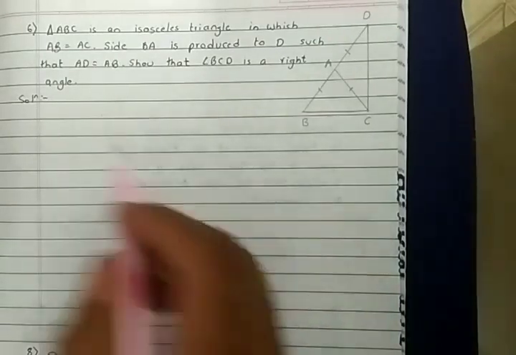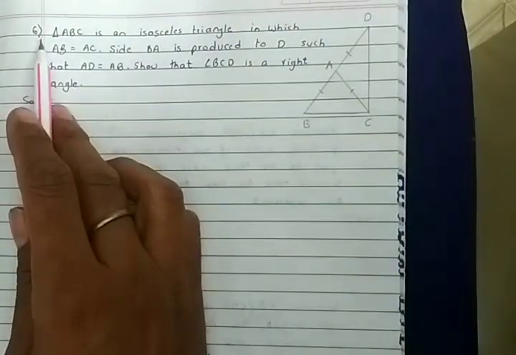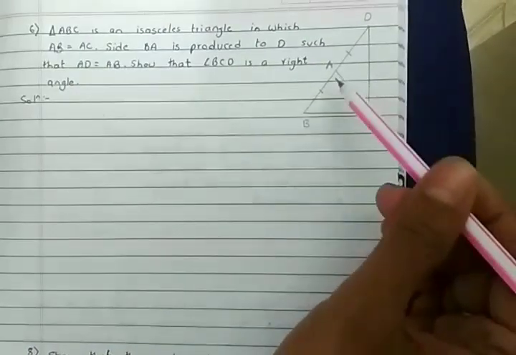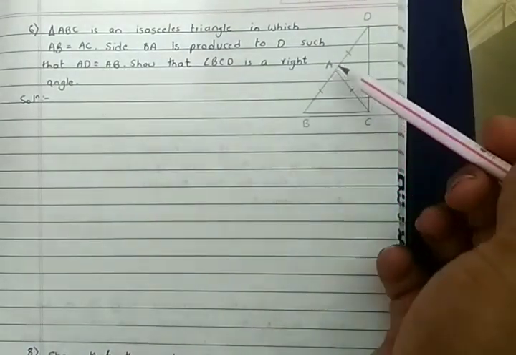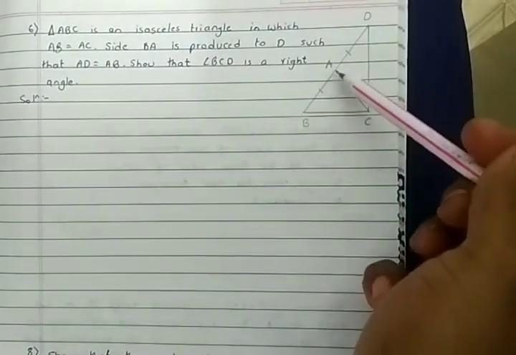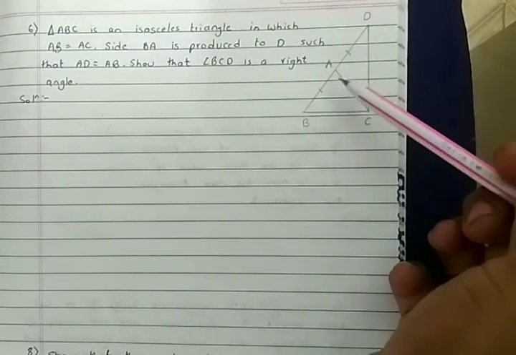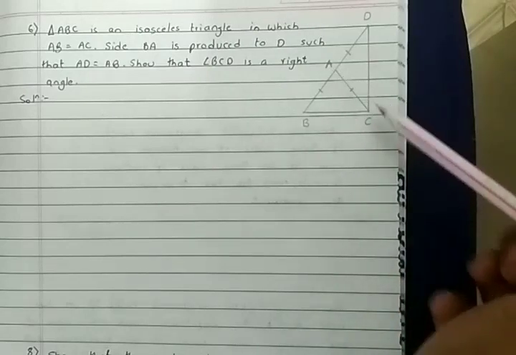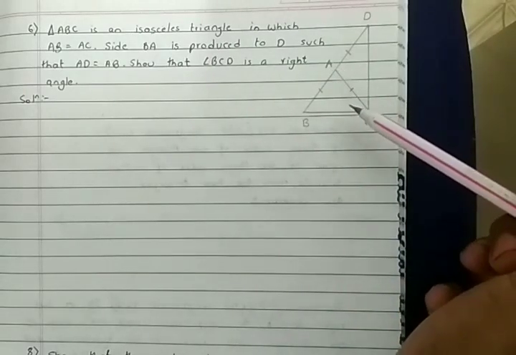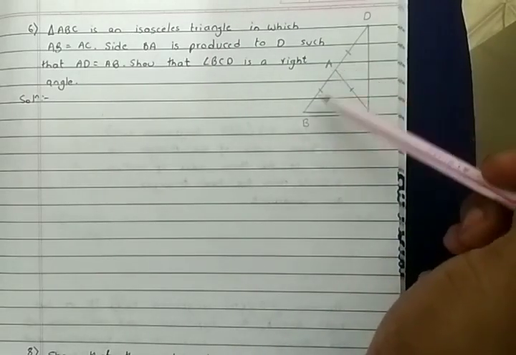Now let's solve problem number 6. ABC is an isosceles triangle in which AB is equal to AC, right? Any isosceles triangle has its two opposite sides equal and side BA is produced.